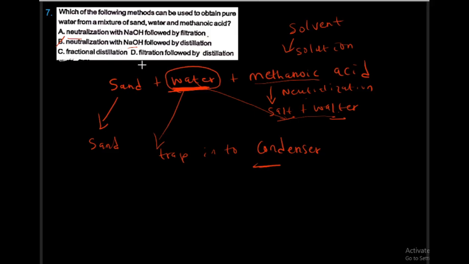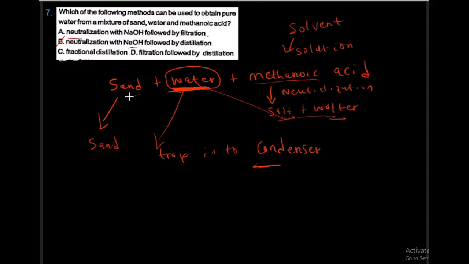Fractional distillation, no, we do not have a difference in boiling points here. They say filtration followed by distillation, option D. Can we filter out sand from this, followed by distillation?